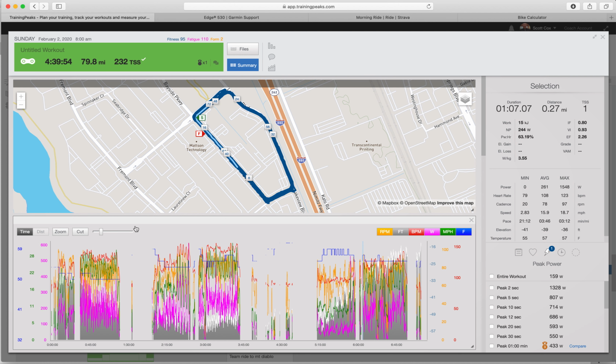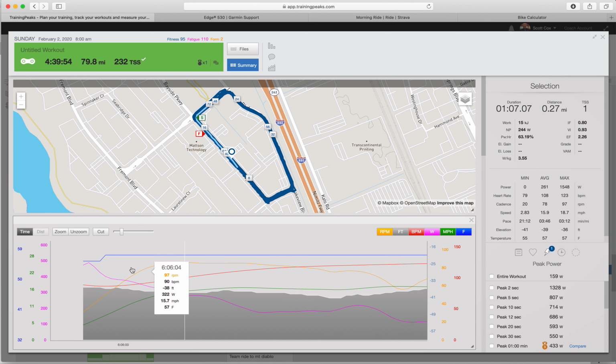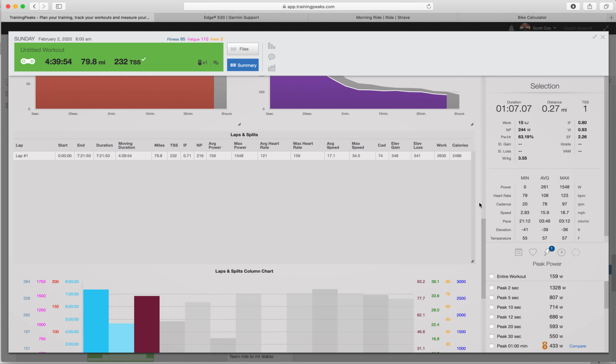And then if I highlight this section and zoom in on it, I'll see he's going from nothing, and he starts pedaling, and he's getting these 1500 watt readings here. It's a pretty common time that power meters will spike, when you're going from just sitting there and you start up, or when you're coasting on a descent and you start pedaling. Those would be times that you might notice these power spikes. So anyway, that's using TrainingPeaks, and the basic software quickly tells me that 1548 is not real.